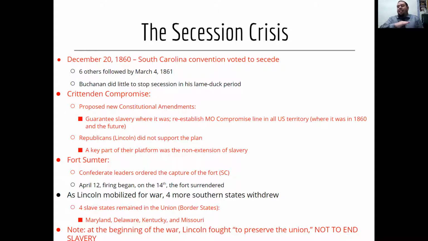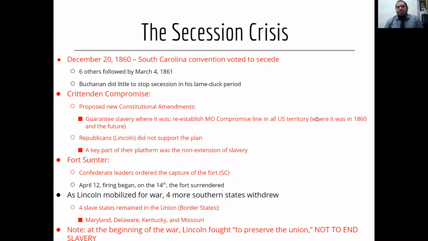So extending that line out, and any land gained in the future or already owned by the United States, if it was underneath that 36°30' line, it would become slave controlled. Republicans and the party of Lincoln did not support this plan. A key part of the Republican Party's platform was the non-extension of slavery. Kind of keeping it where it is, kind of containing it.